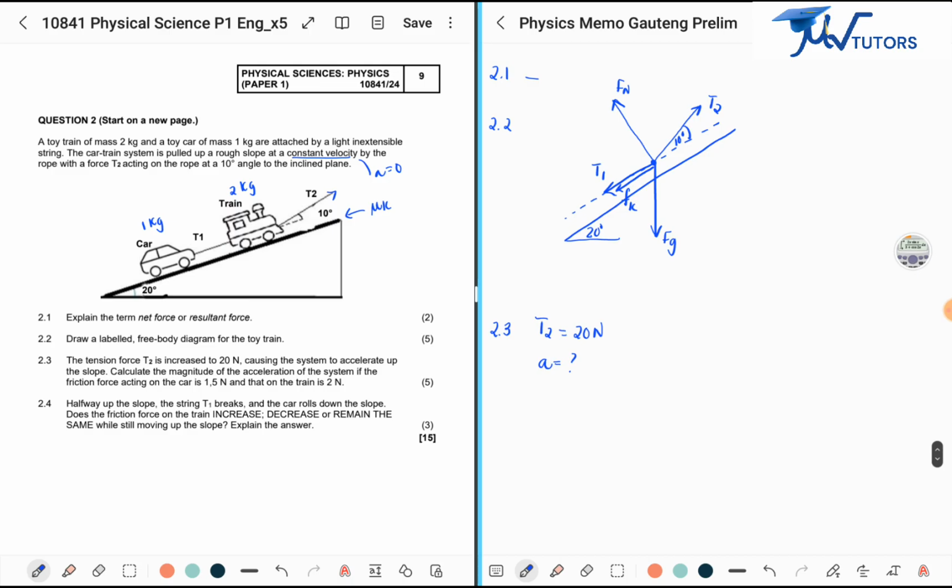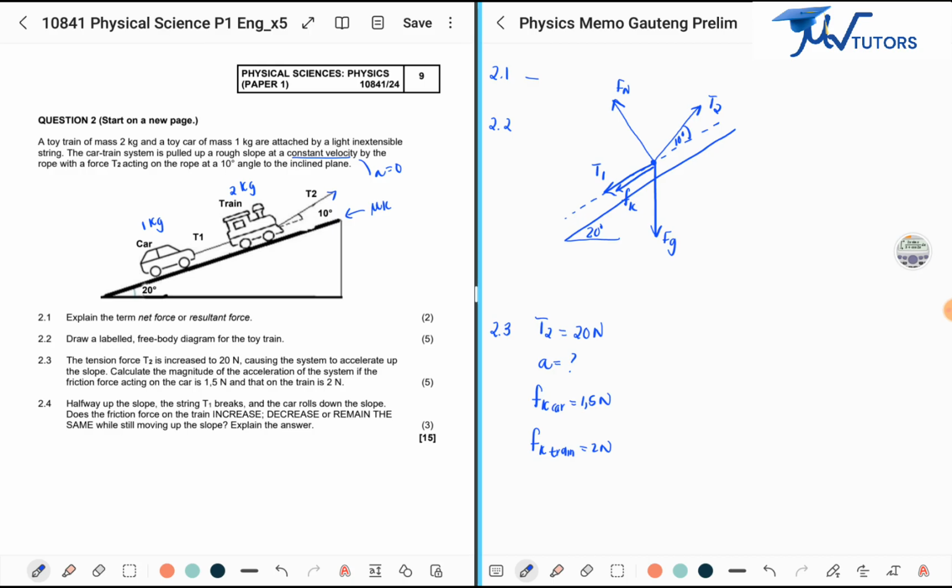Calculate the magnitude of the acceleration of the system if the friction force acting on the car is 1,5 Newton, and that on the train is 2 Newton. So the friction force on the train is 2 Newton. Okay, so we need to find out what that acceleration is.